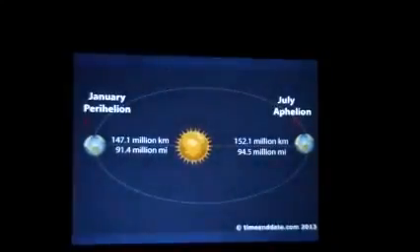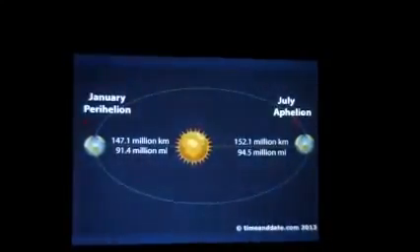Also, the Earth's orbit is slightly elliptical around the Sun, and we reach our perihelion, closest point, around about the 3rd of January. Not a huge difference in distance, but enough that when you get high tide near the January perihelion, it's a little bit higher than normal. And in fact, when the moon's at perigee, we call them perigean high tides.